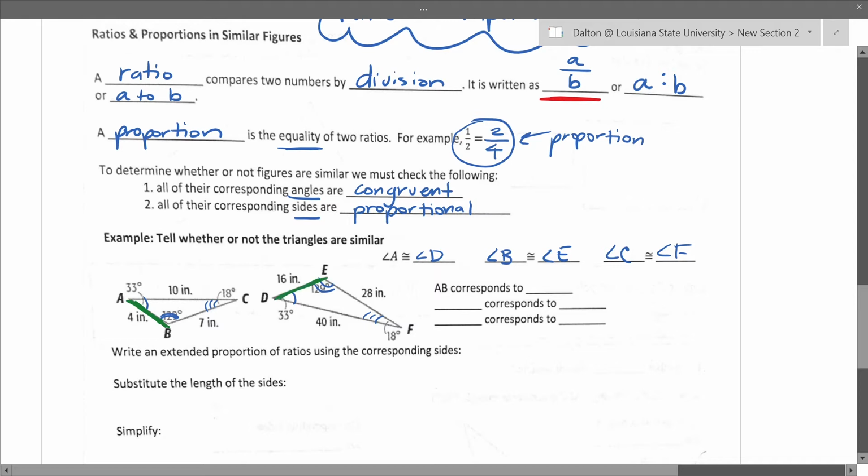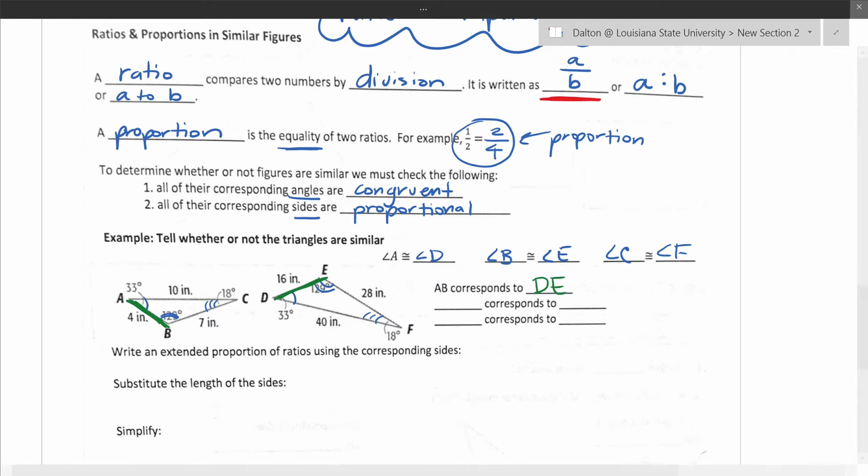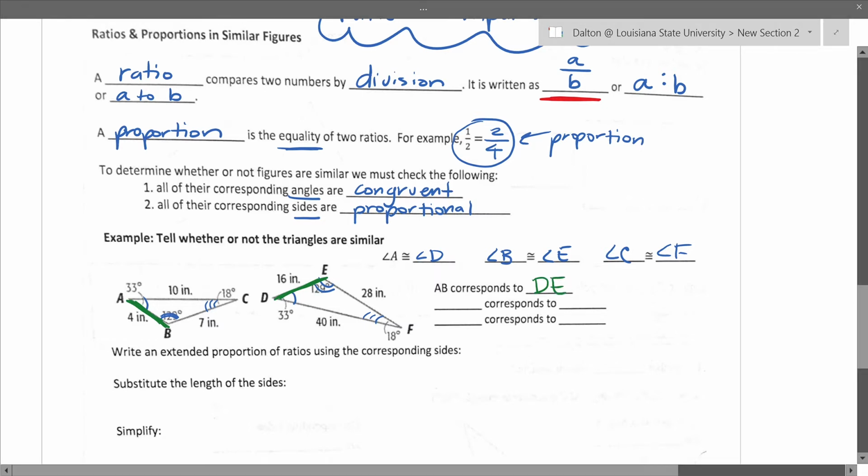So AB must correspond to DE. And let's look at what other ones correspond. Let's look at the biggest side. AC is the biggest side in the left triangle, it's 10. So AC corresponds with the biggest side in the other triangle, which is DF. And then the last side, BC, corresponds to EF.